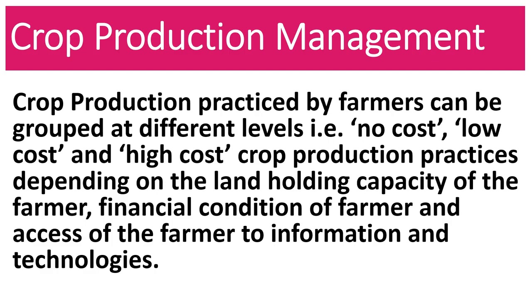So this crop production practiced by farmers can be grouped at different levels. That is no cost, low cost, and high cost crop production practices, depending upon the land holding capacity of the farmer, financial condition of the farmer, and access of the farmer to information and technologies.